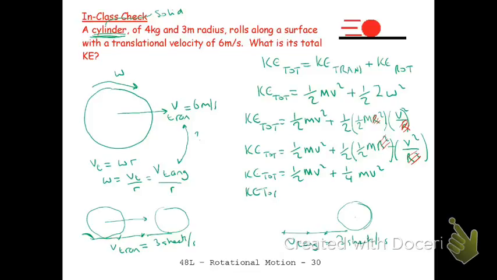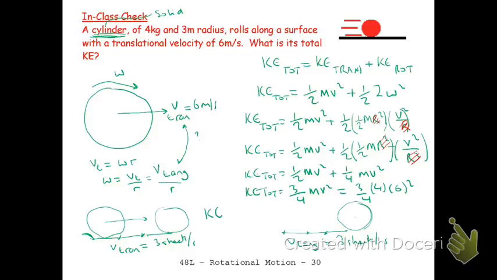KE total is equal to 3/4 m v squared, which equals 3/4. My m is 4. My v is 6 squared.